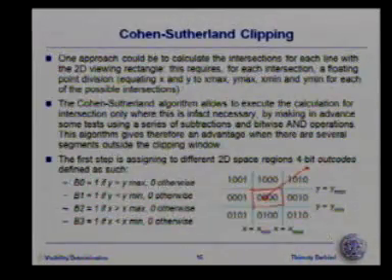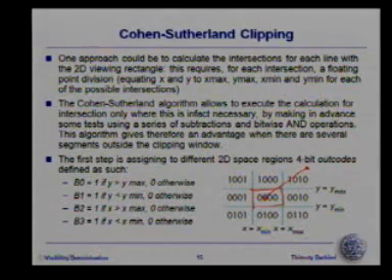You just know here, you see, that you're intersecting with the top, because you have the first bit, and with the right, because you have the third one. So you just make 2 intersections, 2 divisions, and you will find this coordinate and this coordinate. You already know that the first one is on the top, and the second one is on the right. Okay? You see how it works?